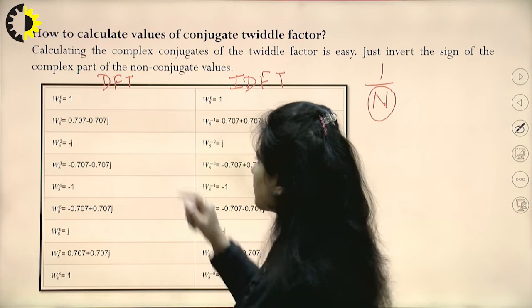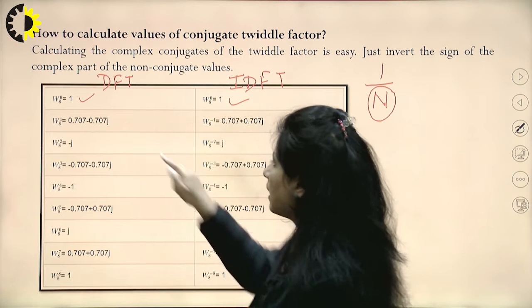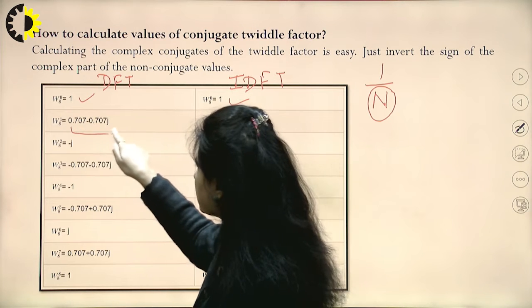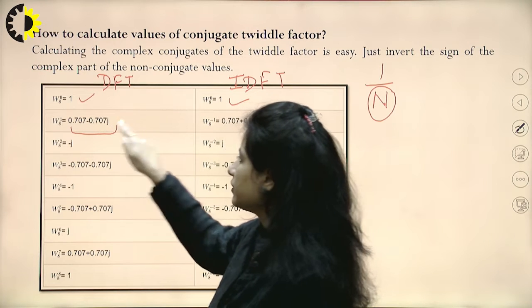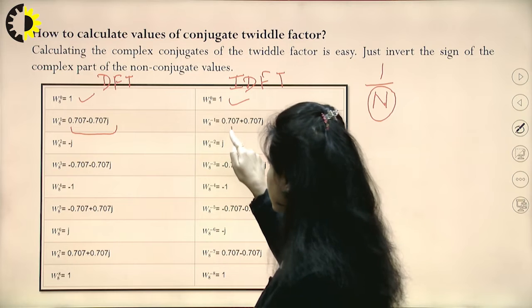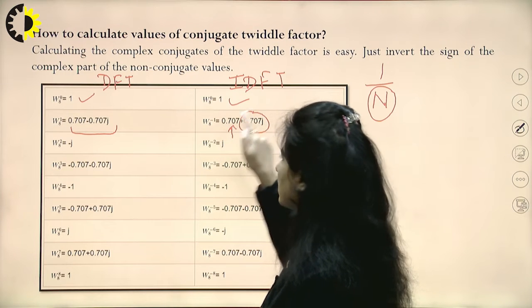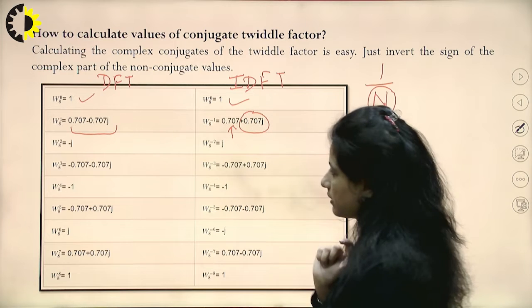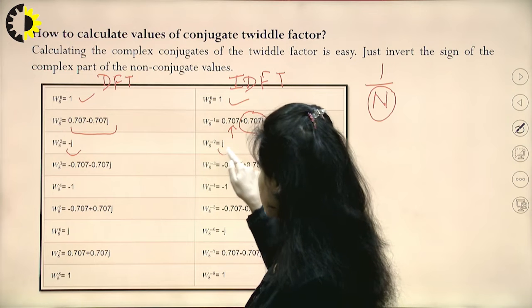If I see these values, this and this value are the same. But in this value, what do I see? 0.707 minus 0.707j. Here the real part is the same and the sign of the imaginary part is changing from negative to positive. Similarly, here it was negative, it is positive.